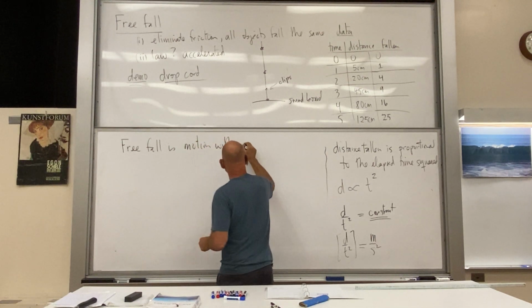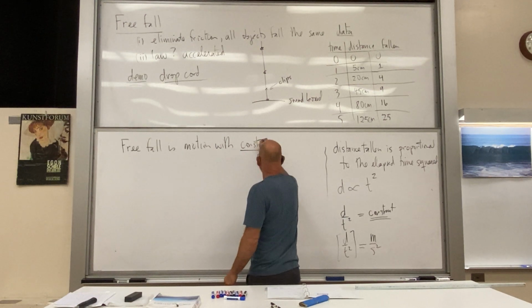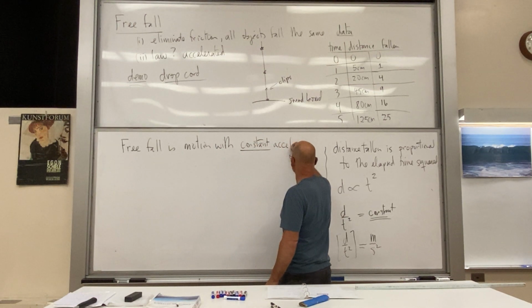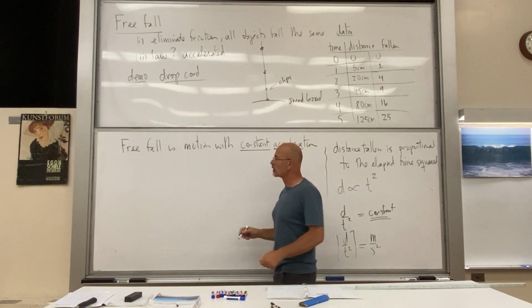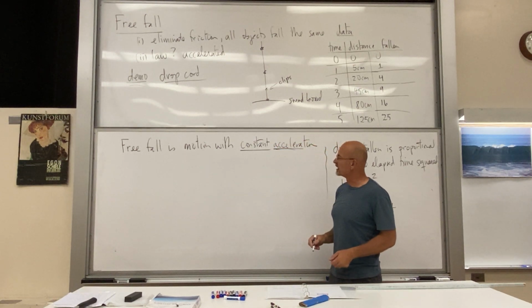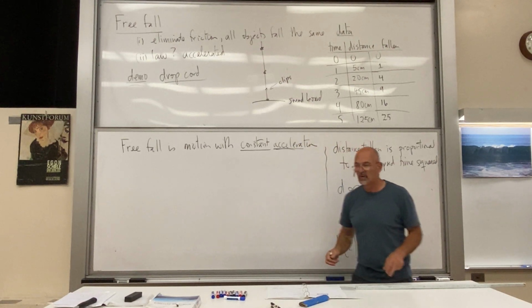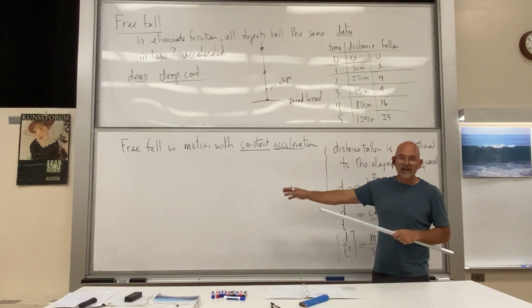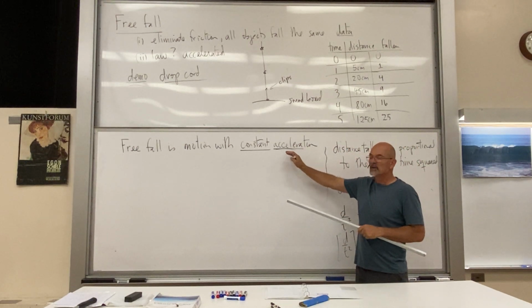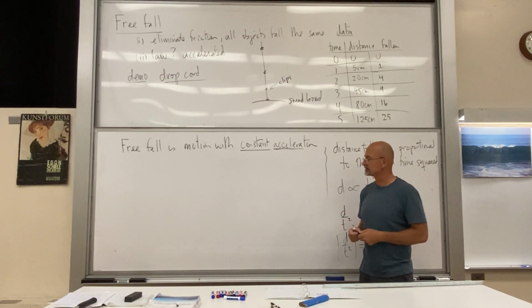I'll underline that, constant acceleration. Good. Free fall is motion with constant acceleration. And what we're going to do now is use our formalism with constant acceleration, and we'll get the famous kinematic formulas.